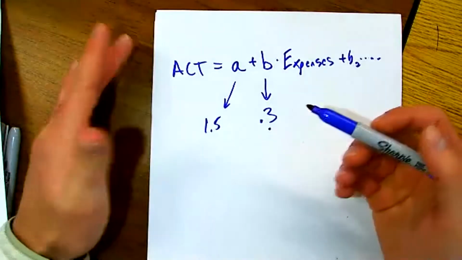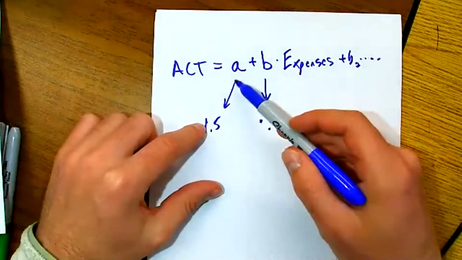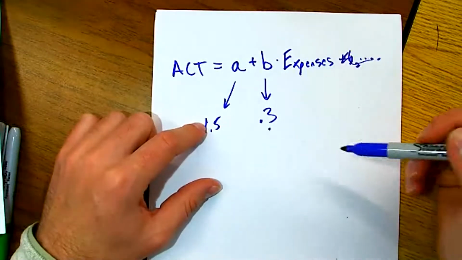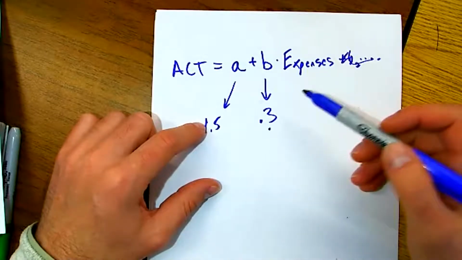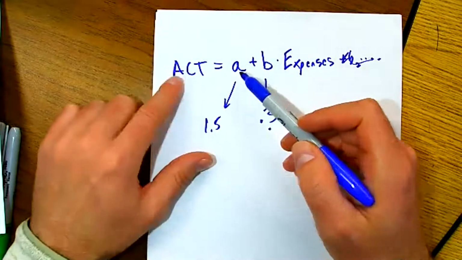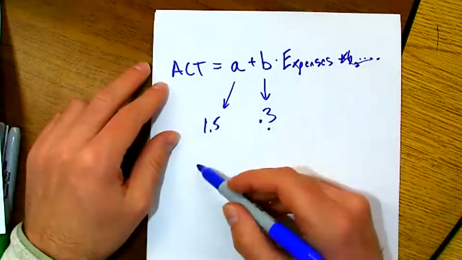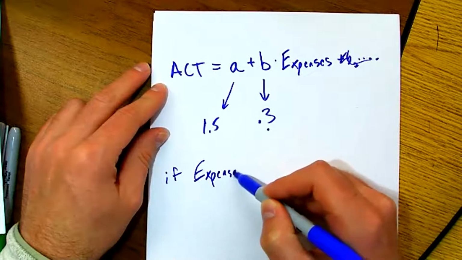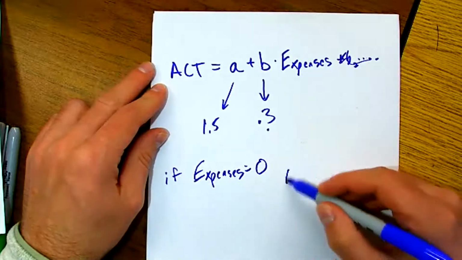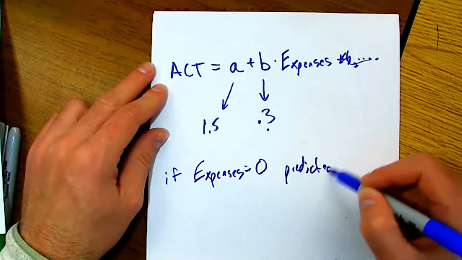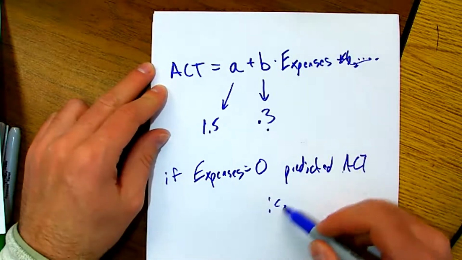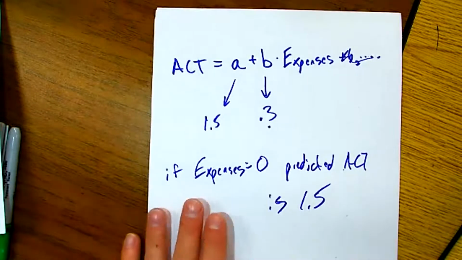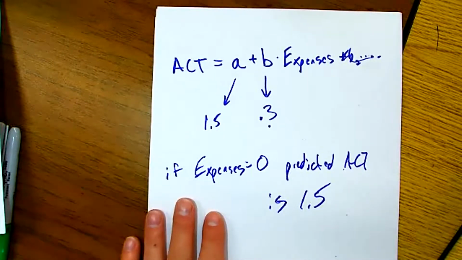Remember, the general interpretation of the intercept is, if the X variable, and in this case we only have one variable, is equal to 0, the intercept is the predicted value of Y. So here, if expenses equals 0, the predicted ACT at a university is that 1.5. It's as simple as that for the intercept. Okay.